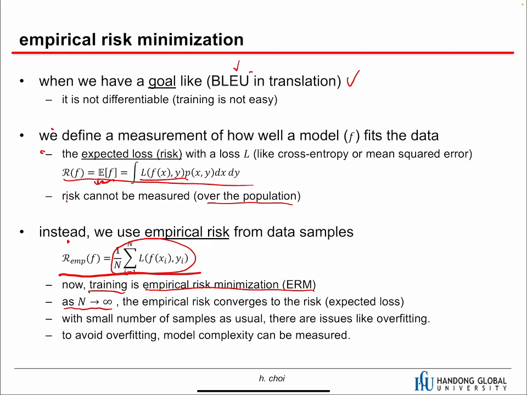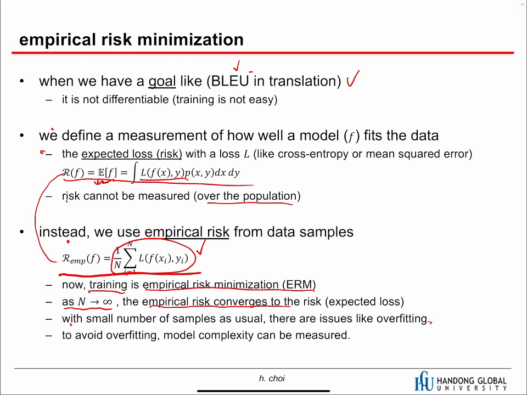When the number of samples increases, the empirical risk converges to the risk. But with a small number of samples, there is some issue like overfitting.